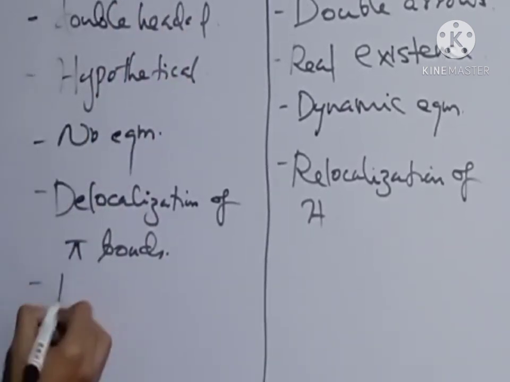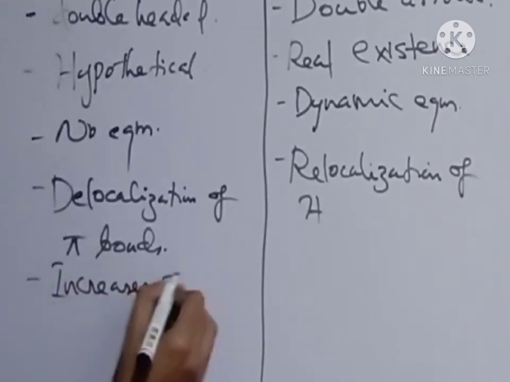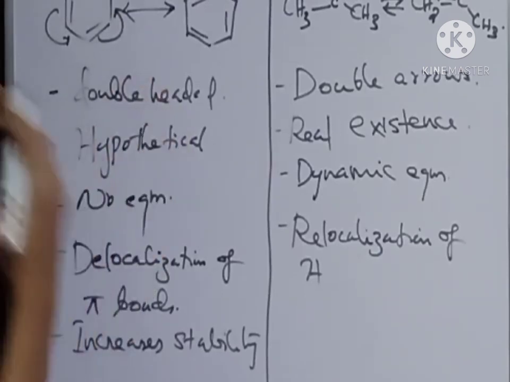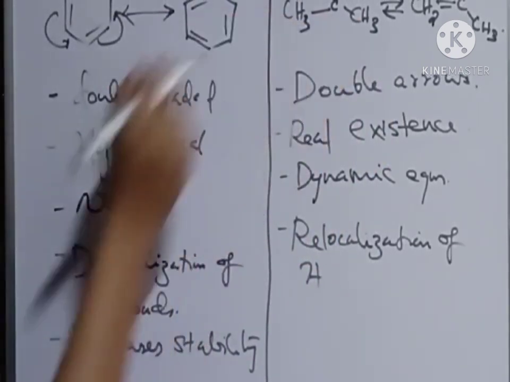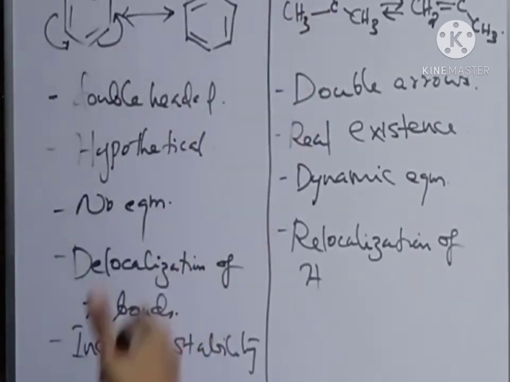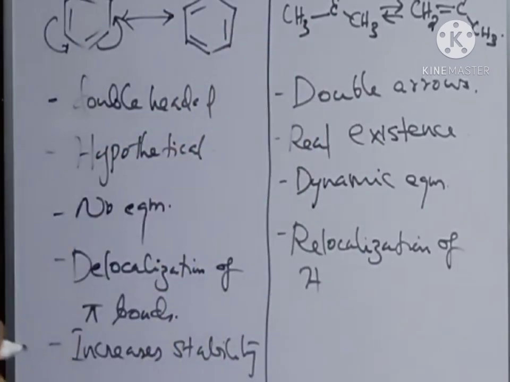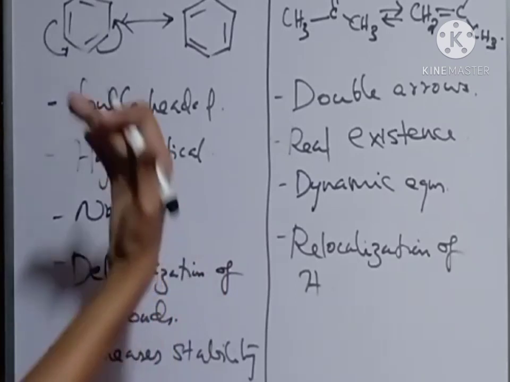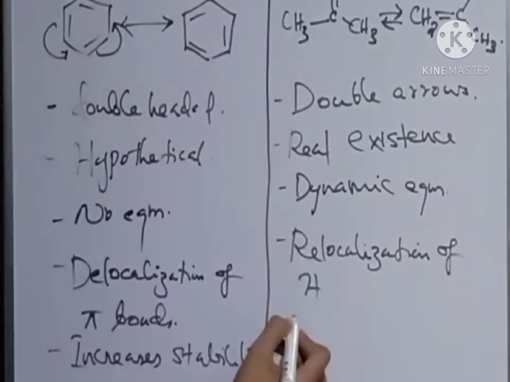Resonance increases the stability. But no such stability change occurs in tautomerism. I already told you that one of the structures will be more stable than the other, but due to tautomerism the stability does not increase.